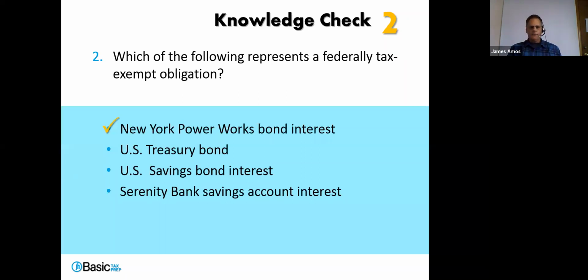Okay, I think I have everyone, and you're right. Hey, good job. Everybody got that right. That's because U.S. Treasury bonds and notes, U.S. obligations are taxable by the IRS. And of course, regular savings account interest is. But muni bonds from New York are not.